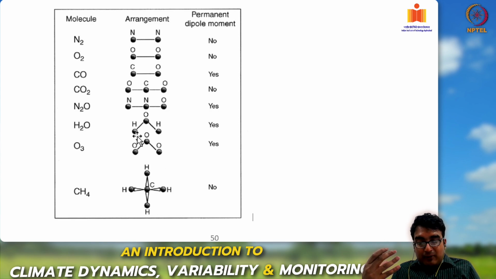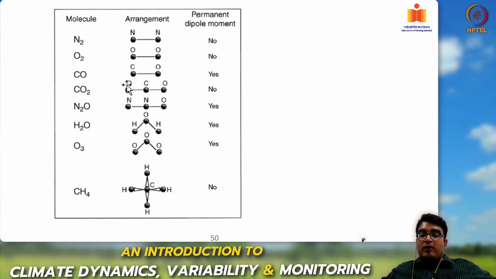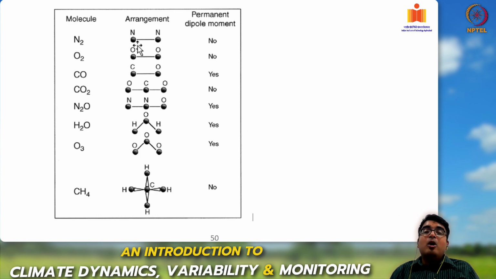This vibrational frequency is a natural frequency for vibration of these bonds, where the C and O atoms move apart and come back. How many times? That is the vibrational frequency of that CO bond or OO bond or OH bond for water vapor.